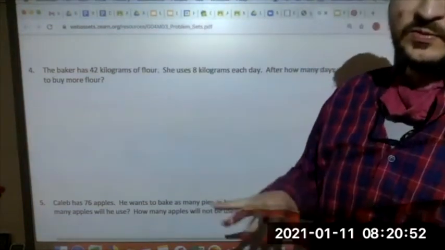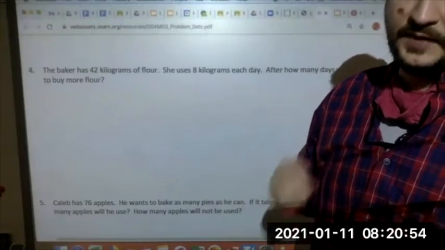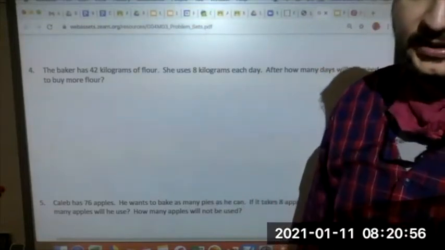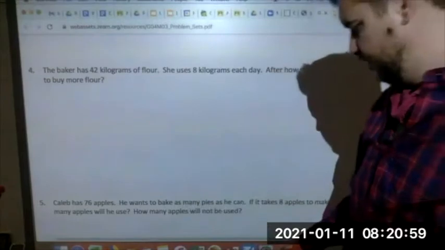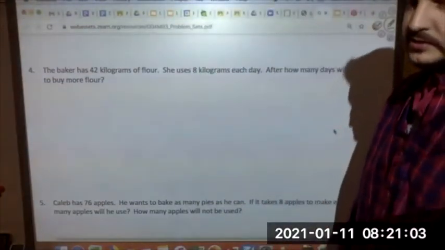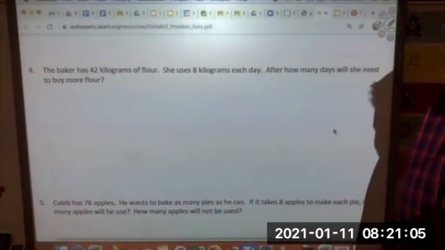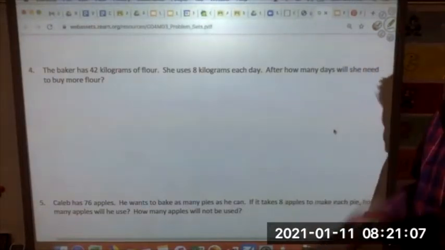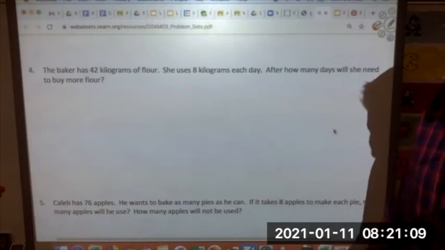So this is where you can play with your facts a little bit to help you out. So we're going to make a multiples list. I said factors, and that's going to confuse you, but multiples. So multiples are the multiplication facts.